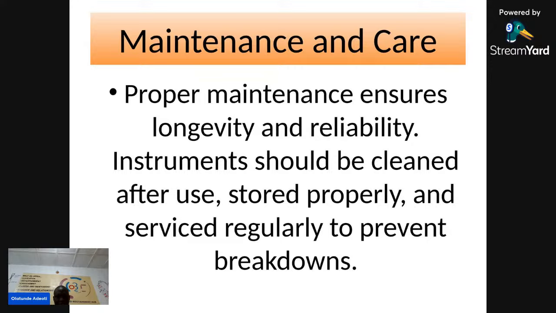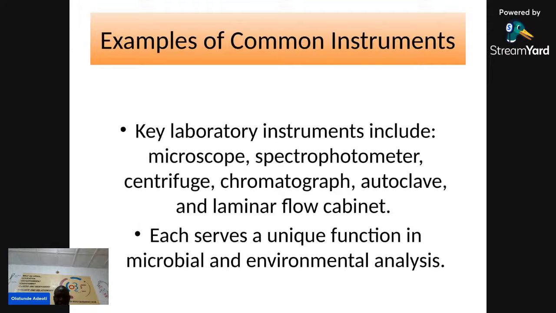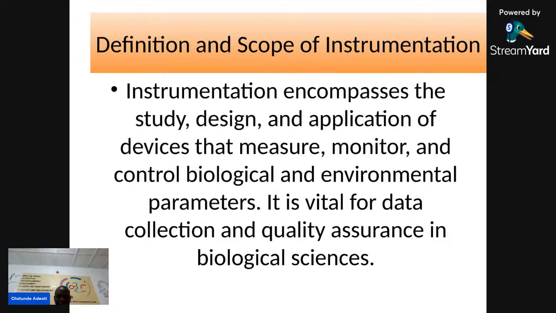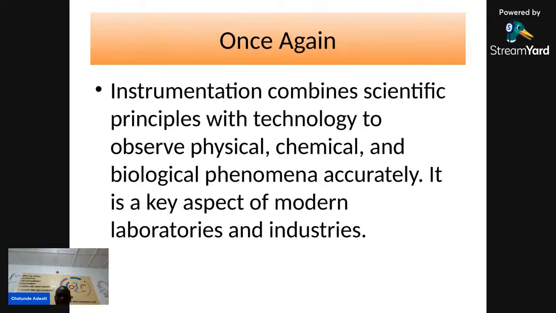So we talk about maintenance and care, safety in instrumentation, examples of common instruments, and the summary. After that, we look at the general definition and scope of instrumentation. Then we also look at instrumentation in physical, chemical, as well as biological phenomena.